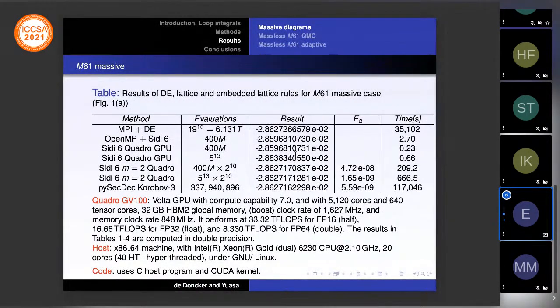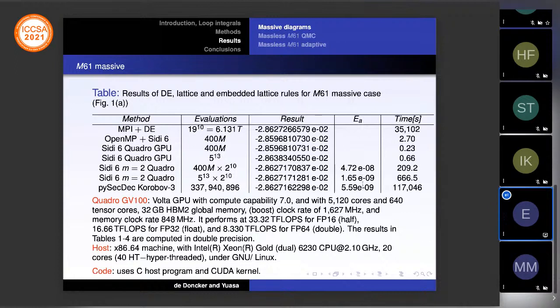All right, so for the results, we can see that the approximations, especially of the embedded rules, are accurate to about 7 digits. Also, DE is accurate. We get estimated errors from the embedded lattice rules and from PySecDec.